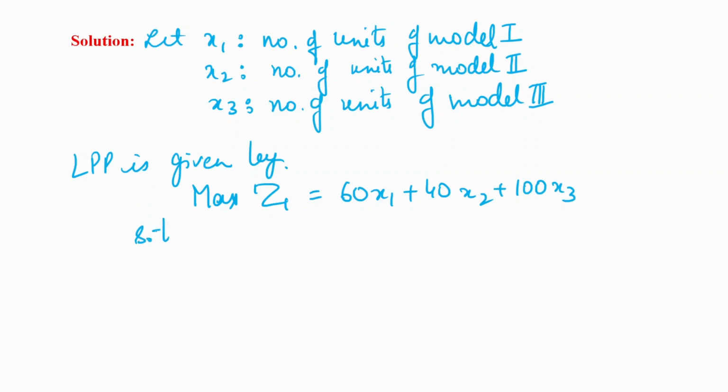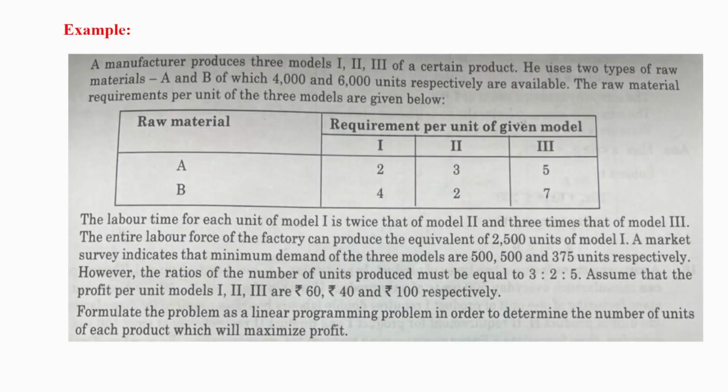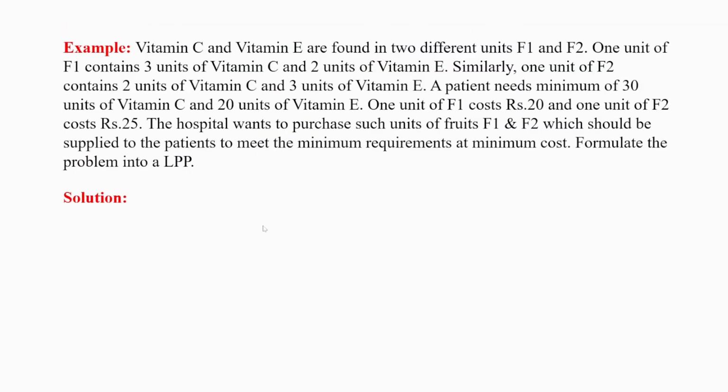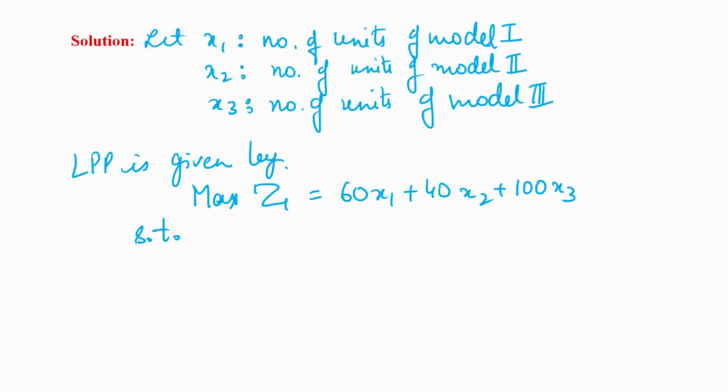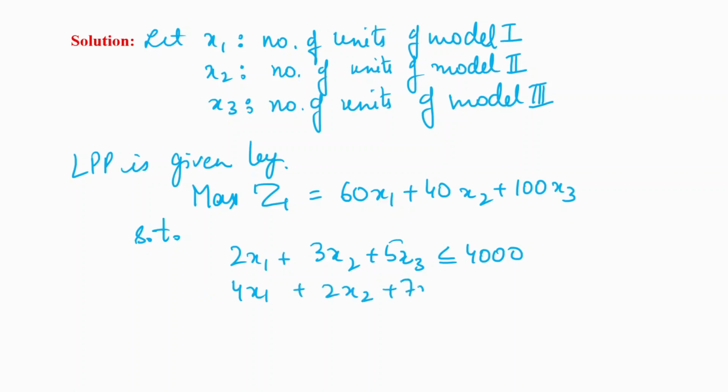Subject to the constraints, as I told you, the first two are for the raw materials A and B. So it would be 2x1 plus 3x2 plus 5x3 is less than or equal to 4000. Similarly, for the raw material B, it would be 4x1 plus 2x2 plus 7x3 is less than or equal to 6000.